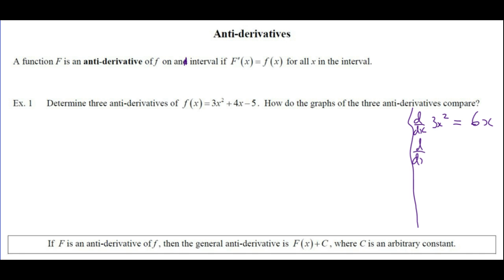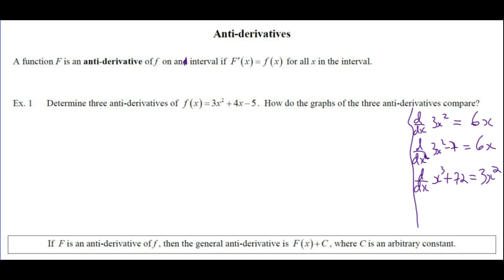What's the derivative of 3x squared minus 7? What's the derivative of x cubed plus 72? 3x squared. Okay, so what are we going to take the derivative of to get 3x squared?